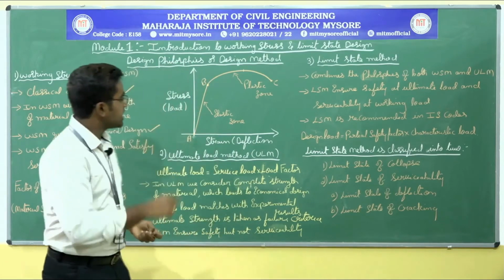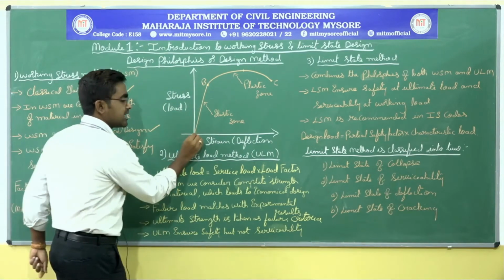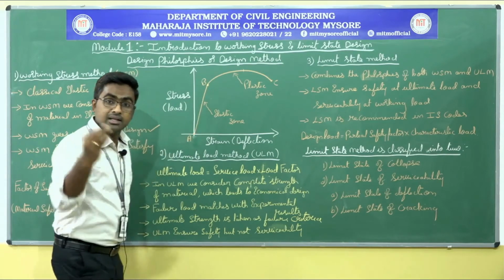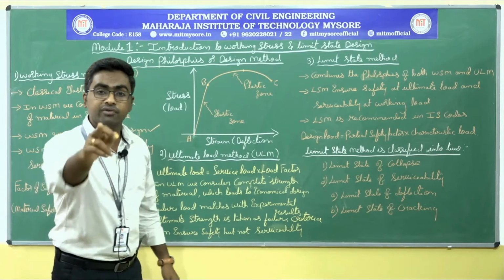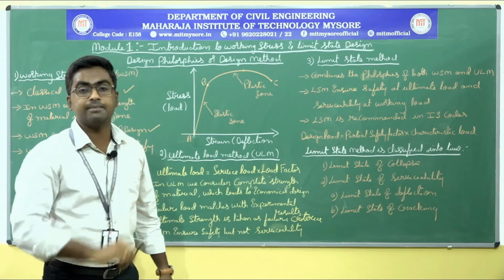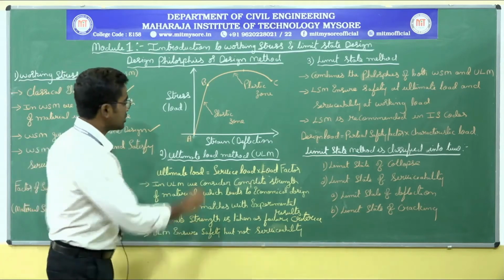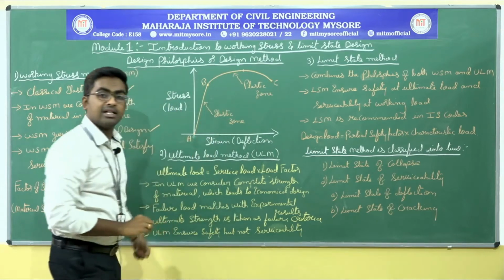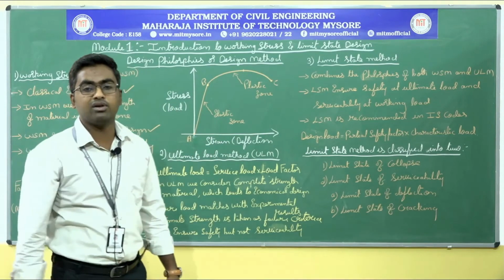Right? The only reason is that in the limit state method we are not going to underestimate the material. Therefore, in the limit state method we get an economical design because we are not underestimating the strength of material. And also in the limit state method we are not using the complete strength of the material, therefore the serviceability criteria will also be satisfied.